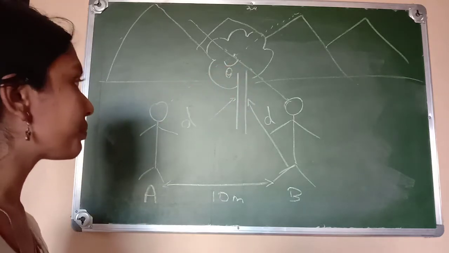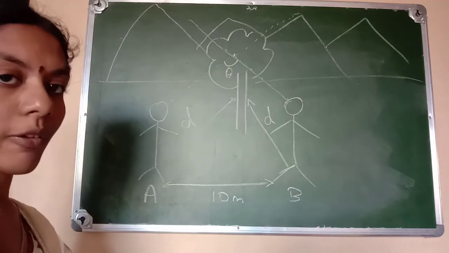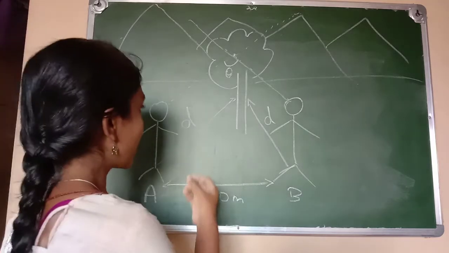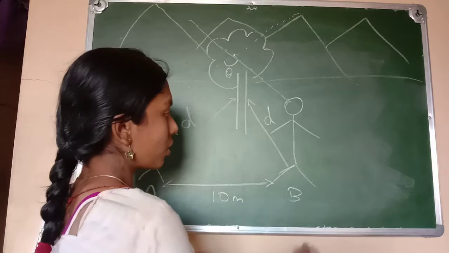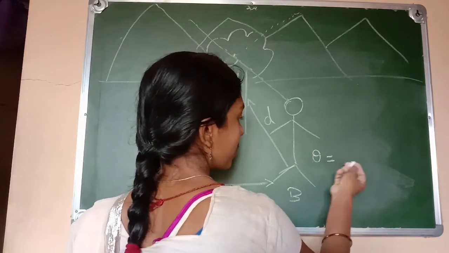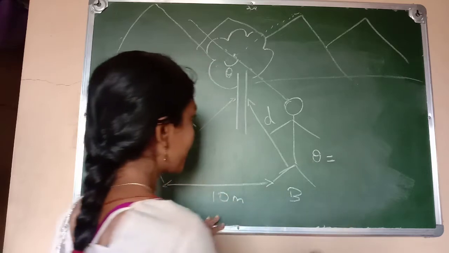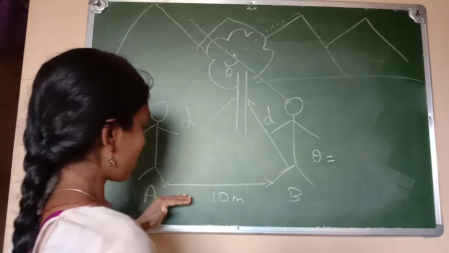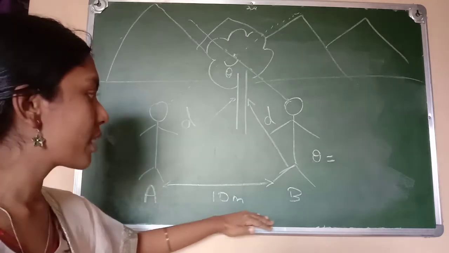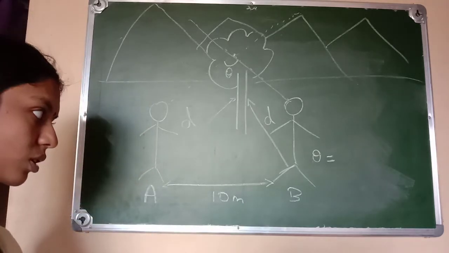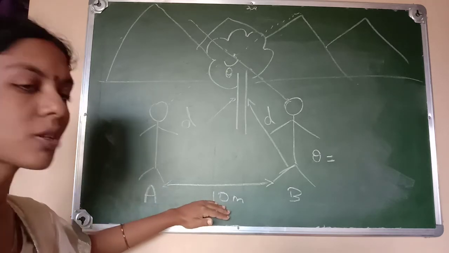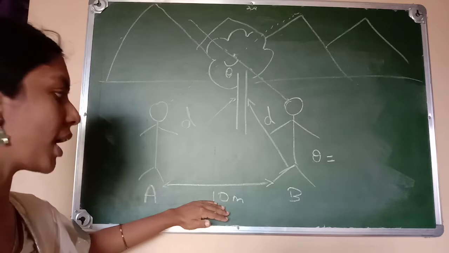So this is the concept we use for measuring the distance to the stars too. Earlier I had defined the planar angle theta. If you remember, since this is a small distance, 10 meters, you can approximate this straight line to be the length of the arc.